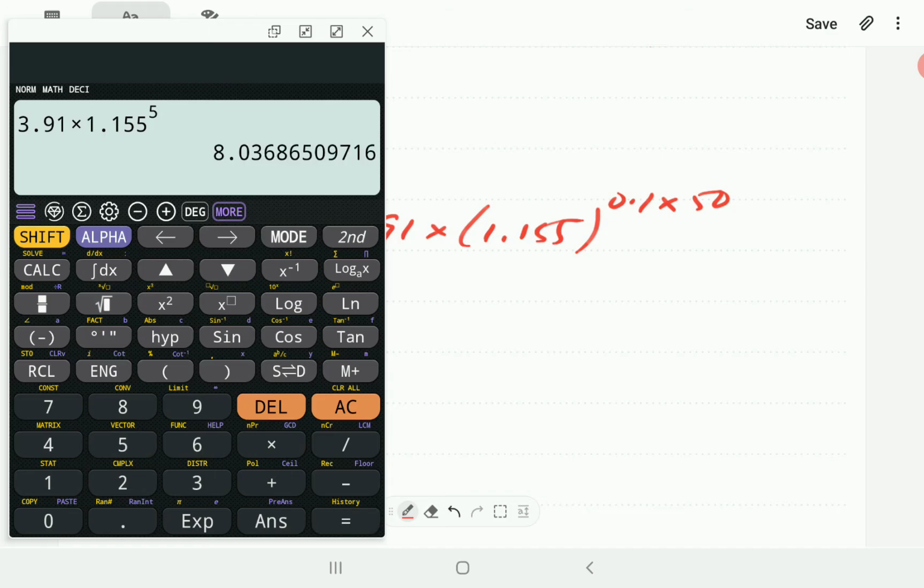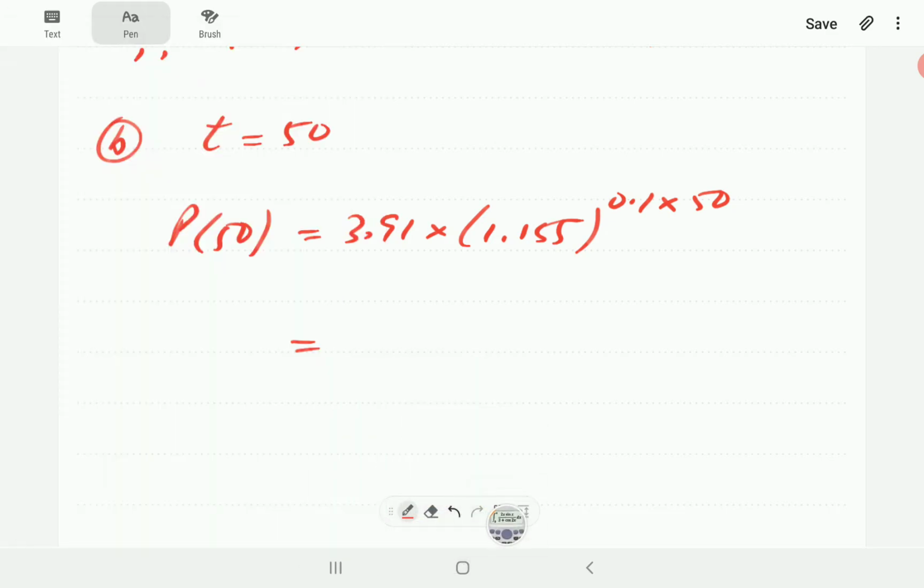So it's going to be 8.04 billion. So it would be interesting for you to check what the world population was in 2020 and see how well it compares with this one. Okay, let's look at one more example.